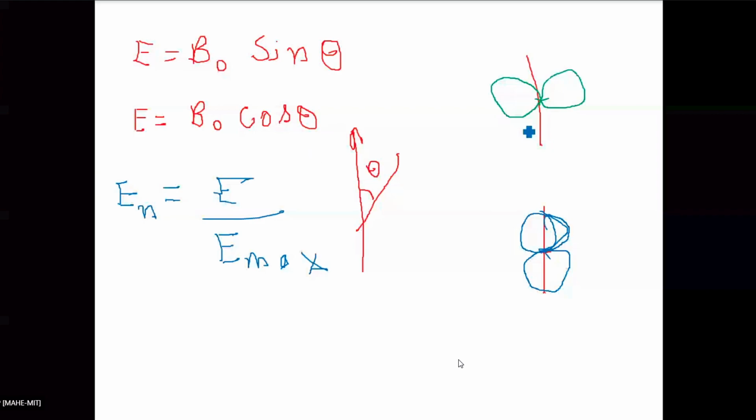Now, what is the direction of maximum radiation in the first plot? When do you get maximum radiation? When the amplitude is maximum.